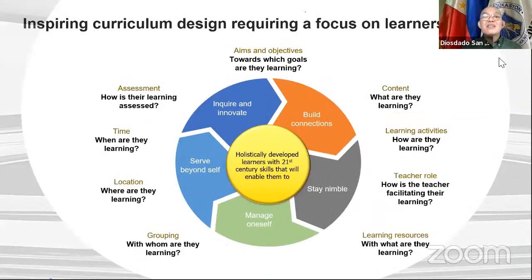And the inspiring curriculum design in terms of the journey, we can say that we want, other than those I've mentioned, in other ways we can say we want learners who are able to inquire and innovate, build connections, stay nimble. When we say nimble, we are actually able to immediately adjust if there are challenges, manage themselves, serve beyond self.